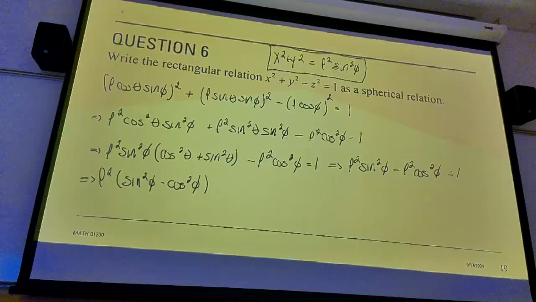I can simplify. So it's rho squared times something. Cosine 2 phi. Negative cosine.